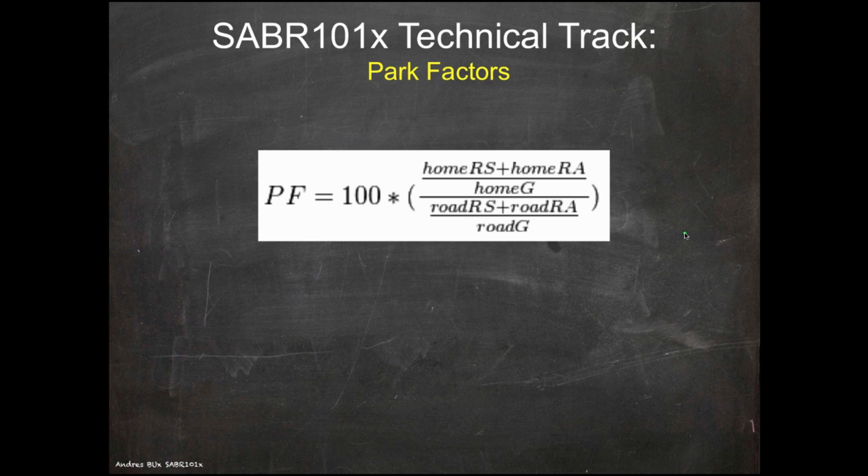So in the formula here, the top part is all about run scoring at home. It's the runs scored by the home team, the runs allowed by the home team in their home park, divided by the number of games played at the home park. And that's in a ratio to the same team's runs scored on the road versus all the opponents in each of those games allowed while they're on the road, divided by the number of road games.